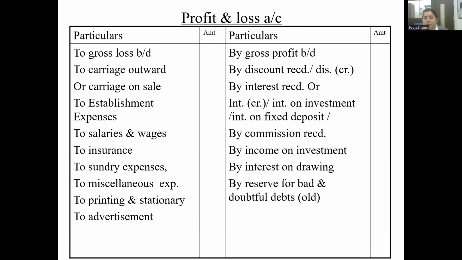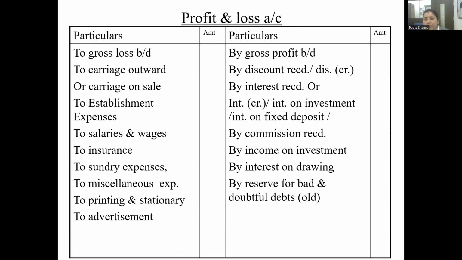Here you can see the format of the profit and loss account. On the debit side, first of all, if there is a gross loss in the company, you will write it on the debit side, and the gross profit, which you calculated in the trading account, the first account, is transferred to the credit side.